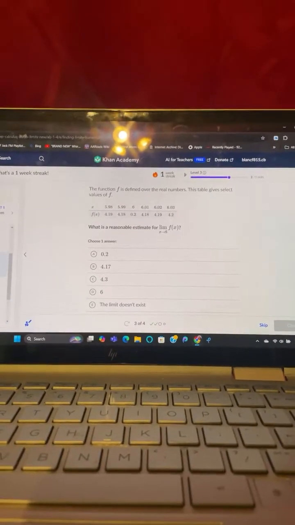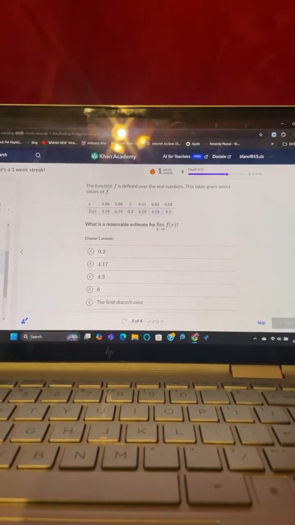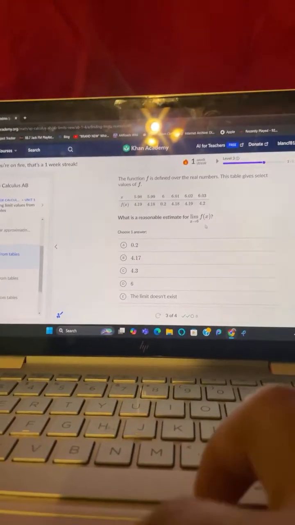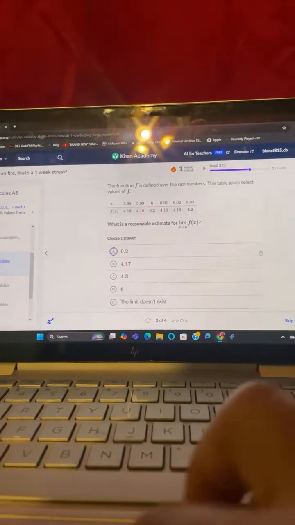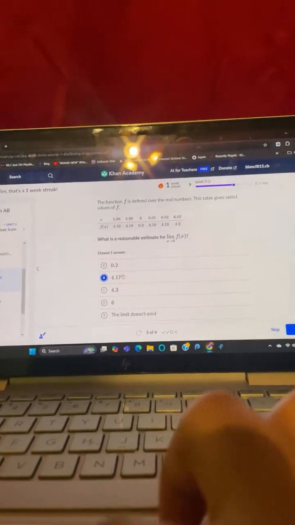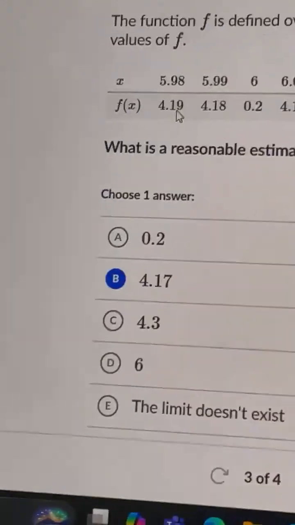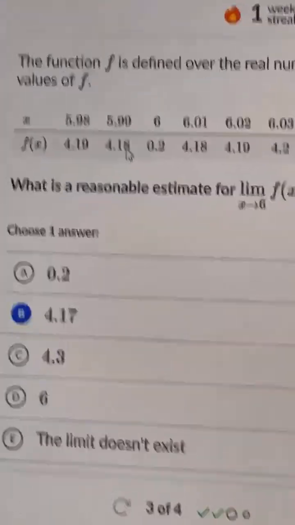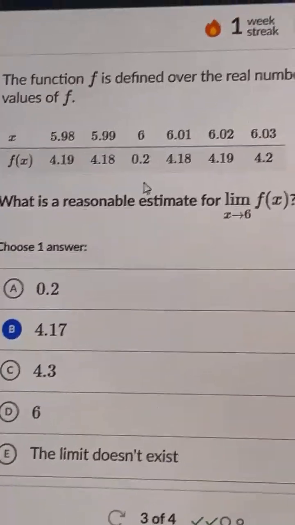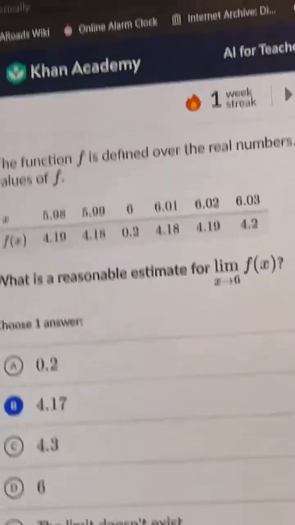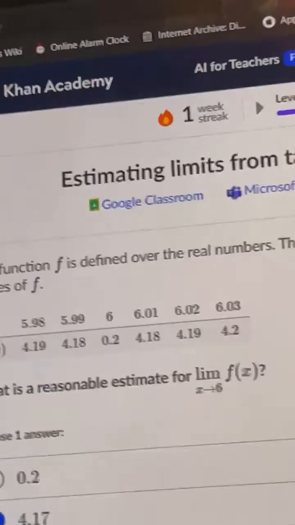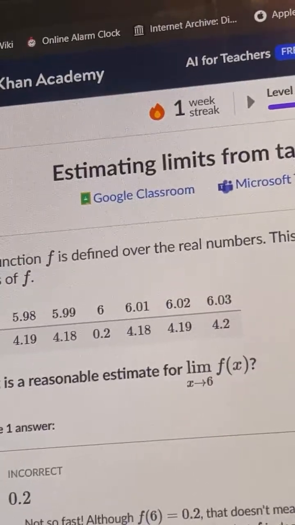No, sorry, that's a mistake of mine. 5.99 is close to 4.2. No, sorry. 5 from this one is 4.9. So we would think it would be 4.17, and then increase back. So yes, 4.17 is correct.